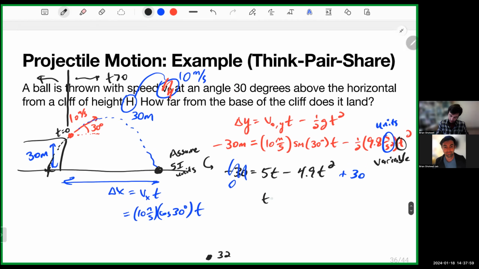So t equals negative 2.0 seconds. At this point, I'm going back in and plugging in the SI unit for time, which is seconds. Or t equals 3.036 seconds. So I'll just say t equals 3.0.